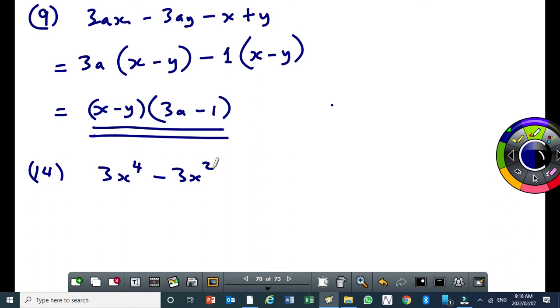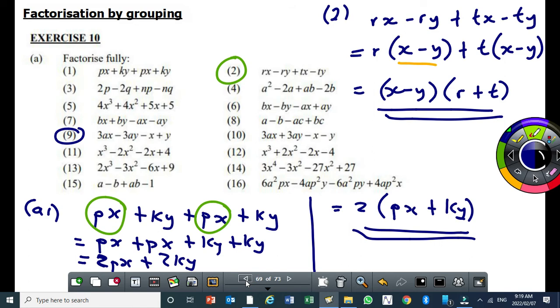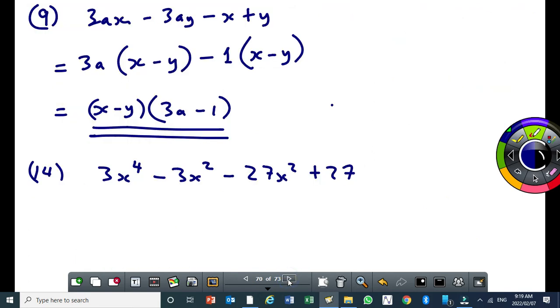We expect minus 27x, x squared, 27. Really? There's an x squared there. Are you sure? Is this a square? Right.